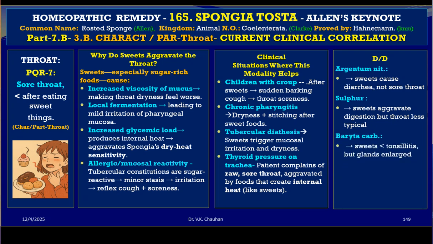And Baryta carb aggravates by sweets because of tonsillitis, but the glands are enlarged. Spongia is the medicine where dry, sore, scraped throat, worse from sweet, is much more characteristic.